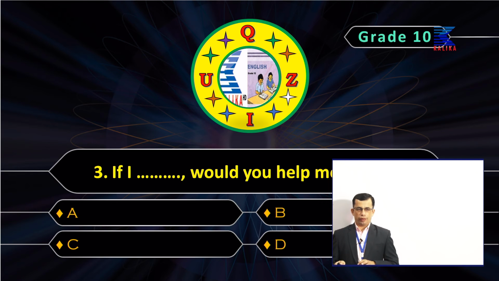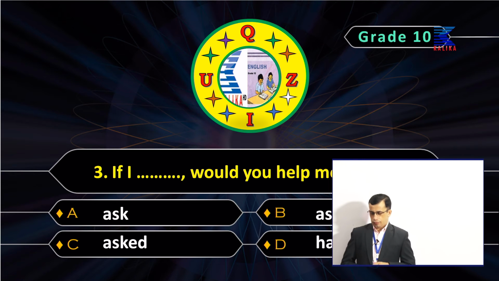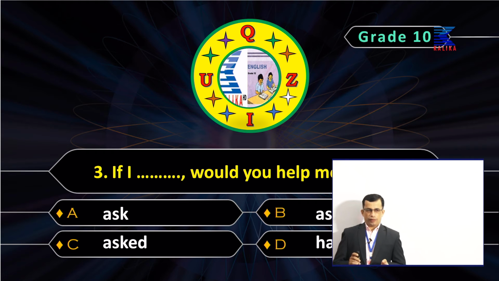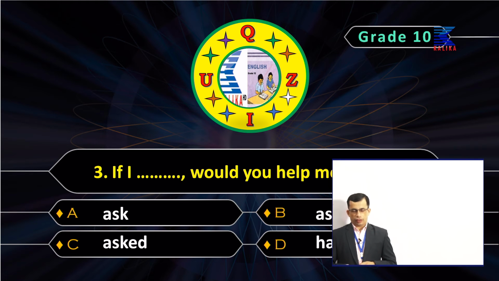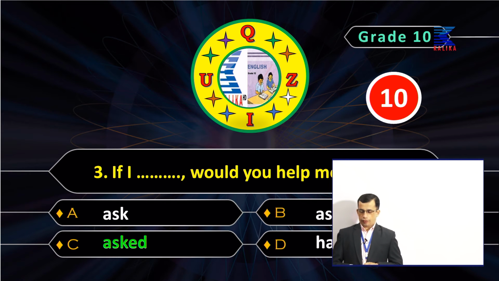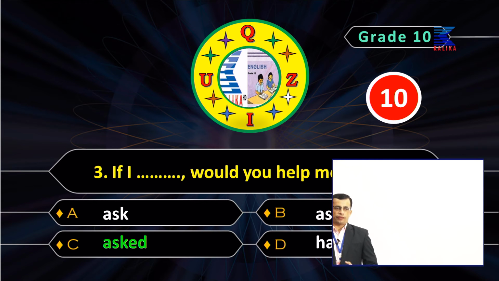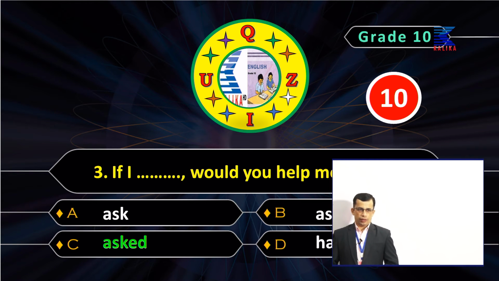Would plus verb 1, would plus verb 1. Okay. So, in the if clause, what are you supposed to use? Of course, simple past, verb 2, right. Okay. So, which option has the simple past tense or verb 2? Option C, asked. If I asked, would you help me? Okay. This is of type 2 or second conditional, right.